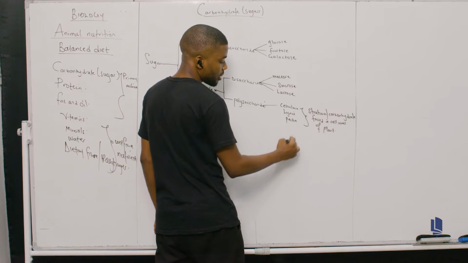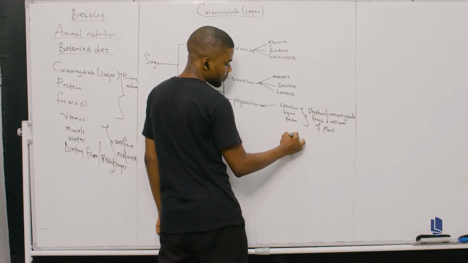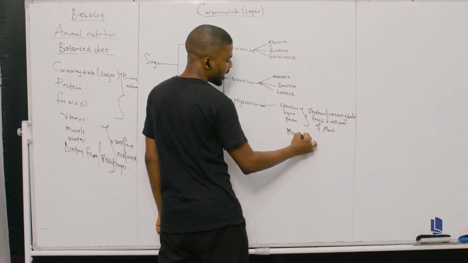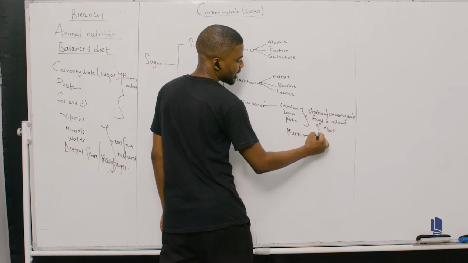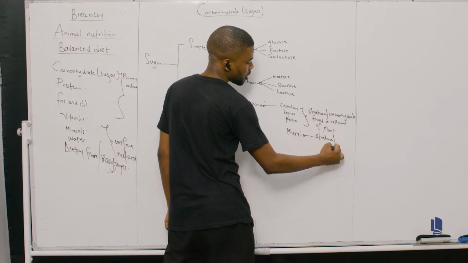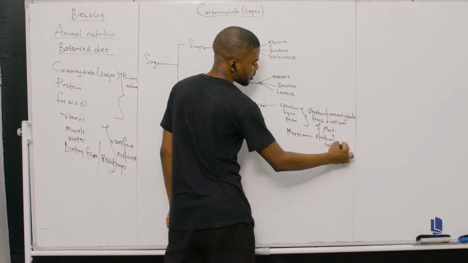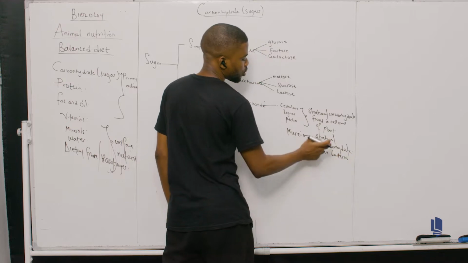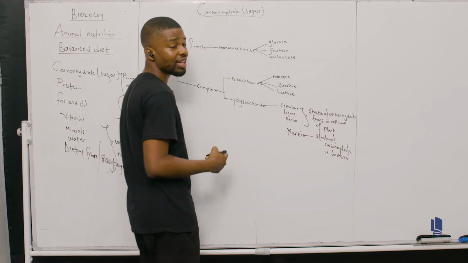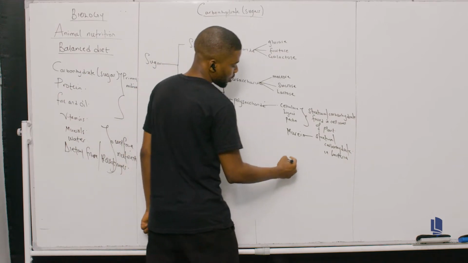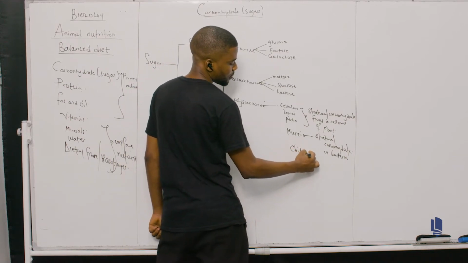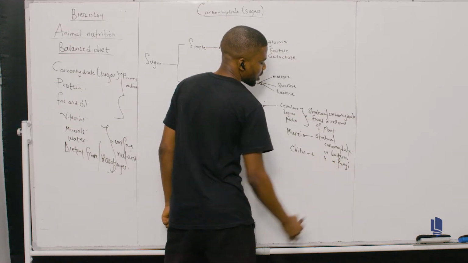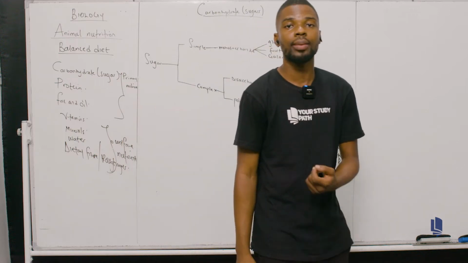We got another one, murein, M-U-R-E-I-N. Murein is another structural carbohydrate in bacteria, also under the polysaccharide, okay? And then we got chitin. This is another structural carbohydrate in fungi.